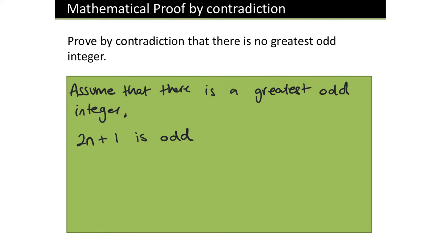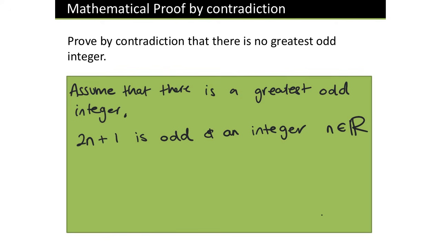Okay, let's go back to our steps. Something else we need to do is say it's odd and an integer. Yes or no? Yeah, because we're stating that it's an integer where n belongs to the real numbers, yeah? Okay? So 2n plus 1 is odd and an integer. So right, shall we let 2n plus 1 equal the greatest odd number?